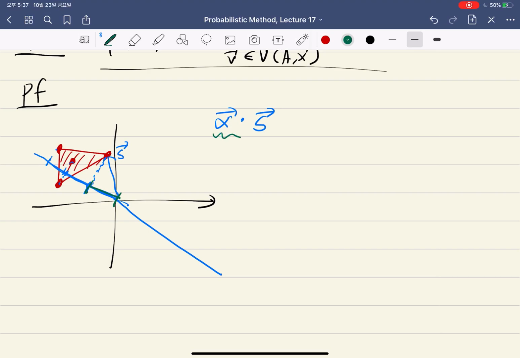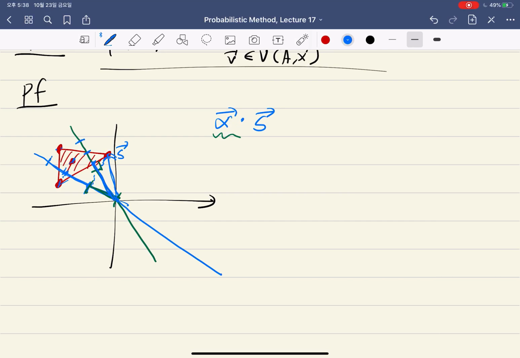And then we want to consider the worst alpha, where this gets longer and longer. But if you slightly rotate this, then you can see that when you project, this length gets longer, while this length gets shorter. So if you keep rotating it, then at some point when this is perpendicular, once you project this you get this length, and once you project this you get a longer length.